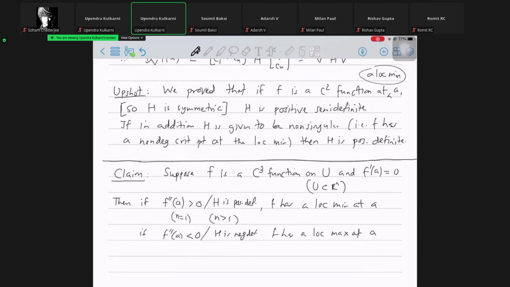Okay, so I'm going to assign this as an exercise because everything that is required for this is now done. There is only one extra idea, because you see in the n equal to 1 case we did this proof in the last class. How was it done?